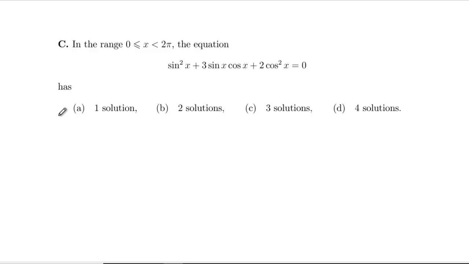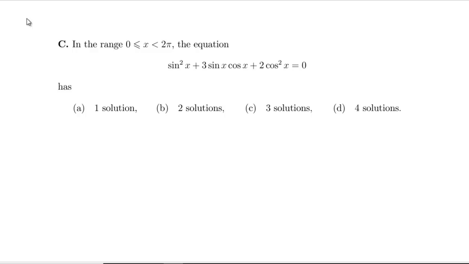Question C, in the range 0, including 0, up to 2 pi, not including 2 pi, this equation has how many solutions? So we've got a sine squared, a cos squared, and a sine cos. Well, dividing by cos squared seems sensible on this, because then we'll have an equation in tan. So can we divide by cos squared?